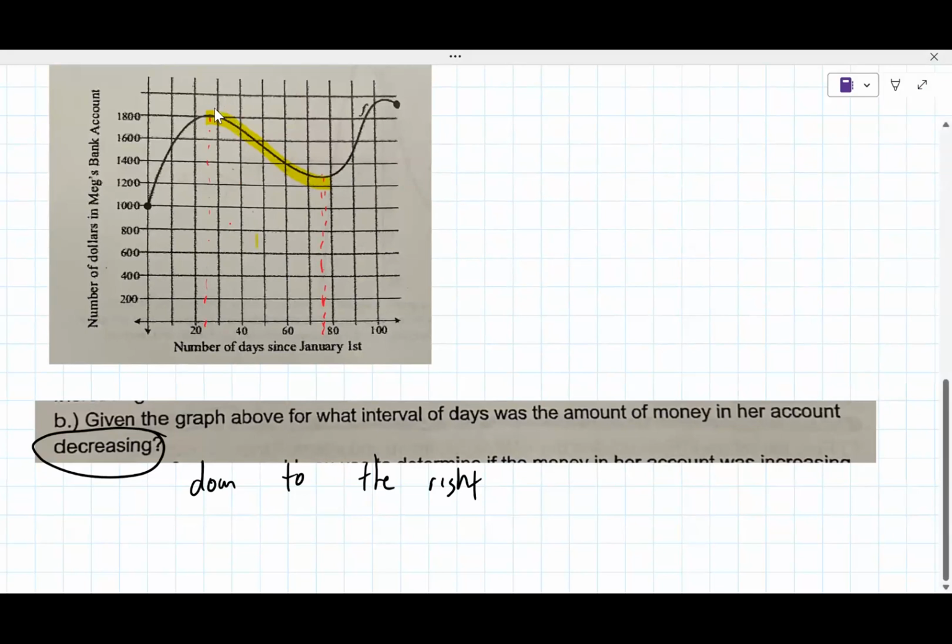So what is the x value here on the left and the right? The yellow means that it's going down and then going to the right.